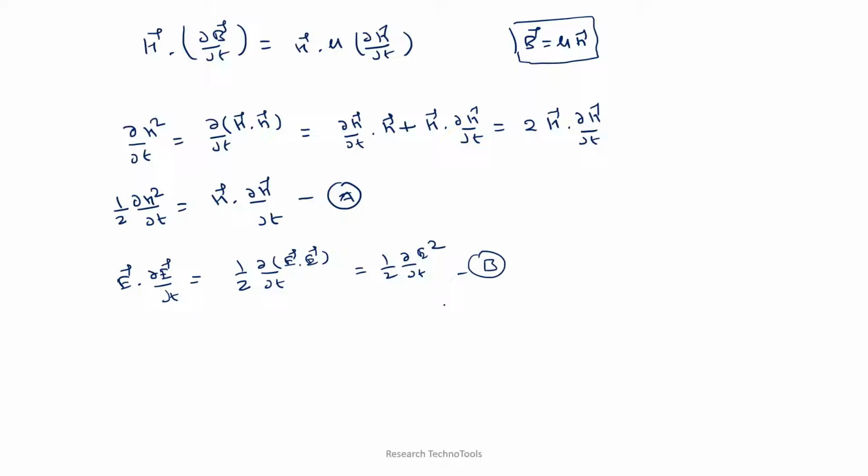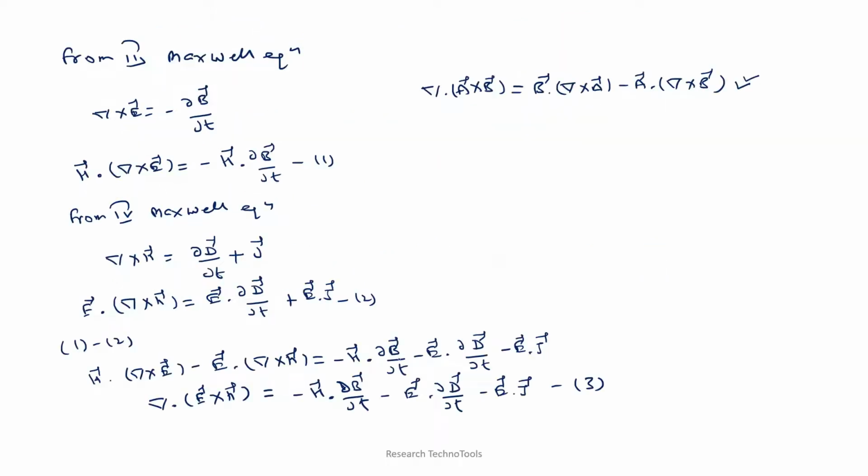So by putting these values, we know the relation B vector equals mu H vector, and D vector equals epsilon E vector. In the previous equation, that is equation number 3, on the right hand side you are having minus H vector dot del B vector upon del t and minus E vector dot del D upon del t. Let us write this equation again here.